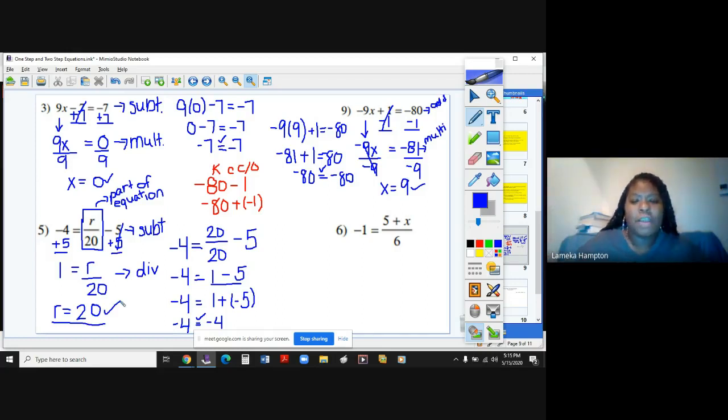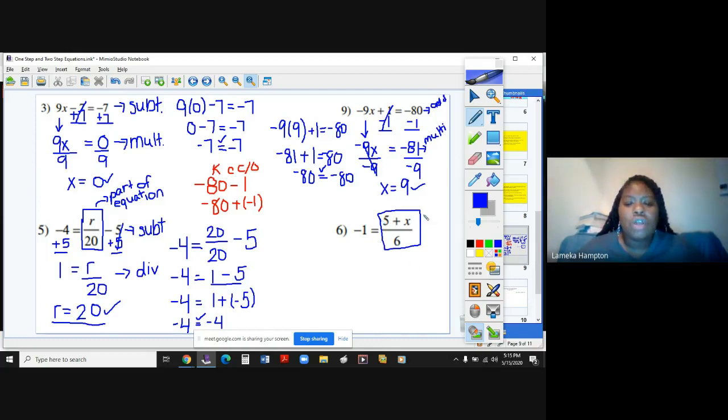Now, I love number 6. Number 6 is awesome. Going back to number 5, I had a fraction that was a part of the equation. For number 6, my fraction is the equation. So I want you again to see the difference.